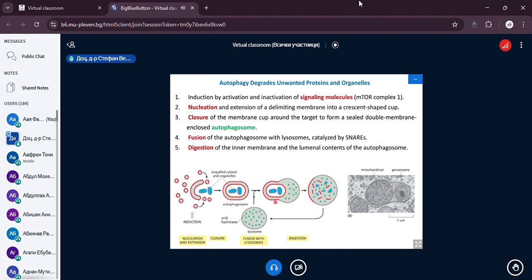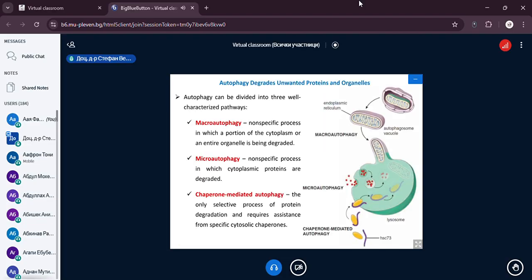This is the fusion with the primary lysosomes to form a secondary lysosome, and the substances in the secondary lysosome are being degraded by the digestive enzymes. And here you see one such autophagosome in which simultaneously a mitochondrion and a peroxisome, these organelles we will discuss shortly, are jointly being degraded by the process of autophagy.